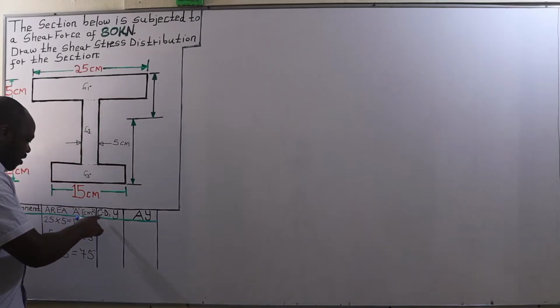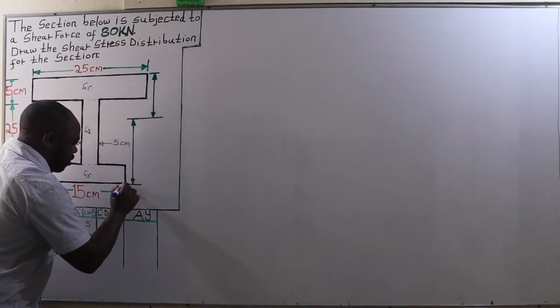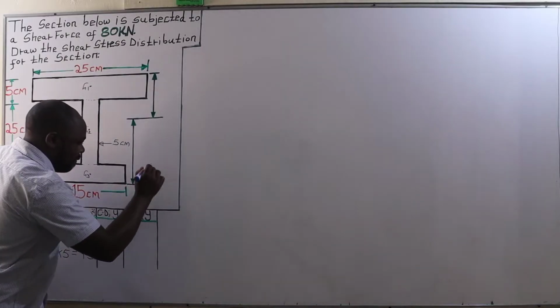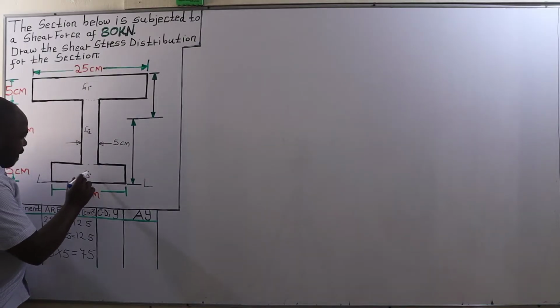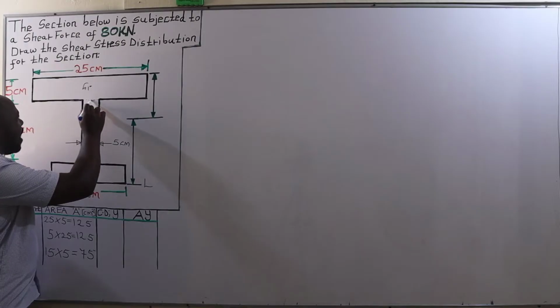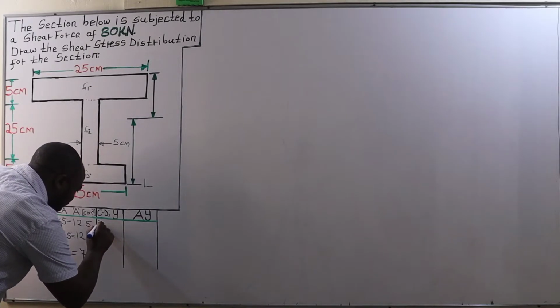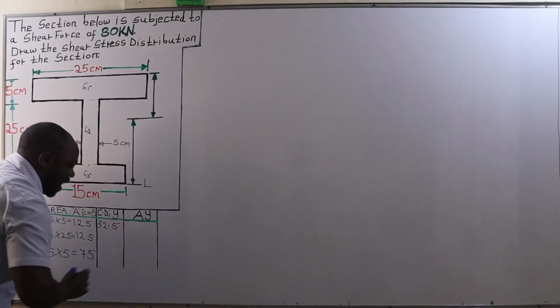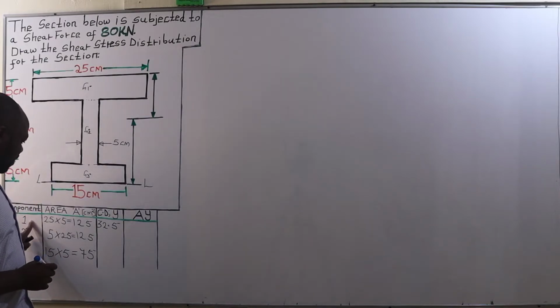Now, the centroidal distance y from the lower section of the bottom flange will be 5 centimeters plus 25, that is 30, plus 2.5, that is 32.5. Therefore, we have 32.5 centimeters as the centroidal distance y of the first component.